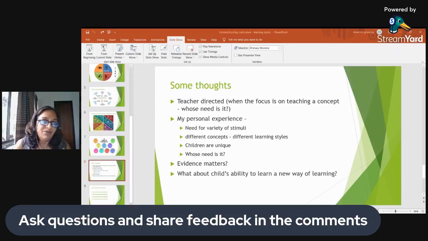So like, as I always say, if somebody tells me 85% of people believe that children are kinesthetic learners, then I look at them and say, oh, so then maybe my children are part of the 15% and not the 85% who believe in that. So which is why I always question, how far do you rely on such evidences? And this comes across in many things, like watching screens.